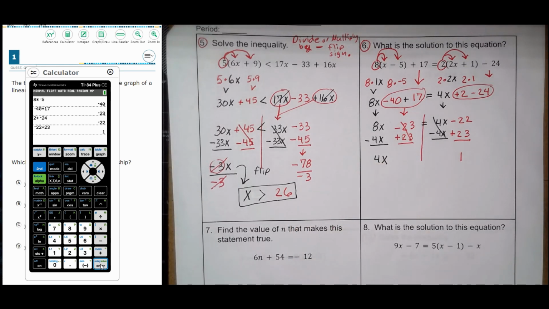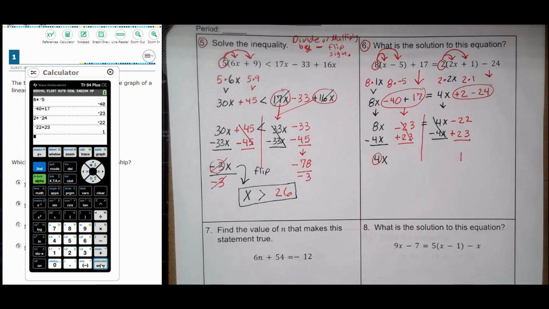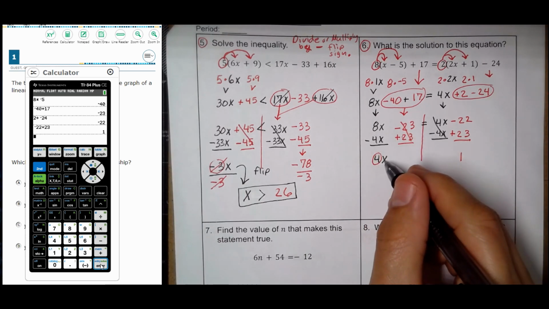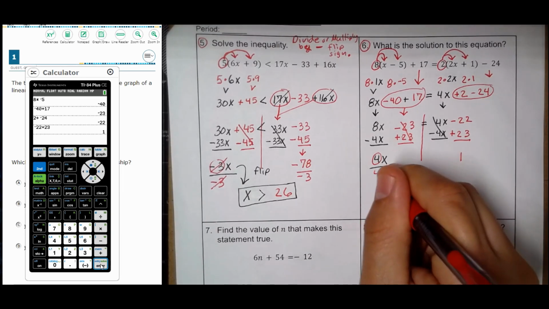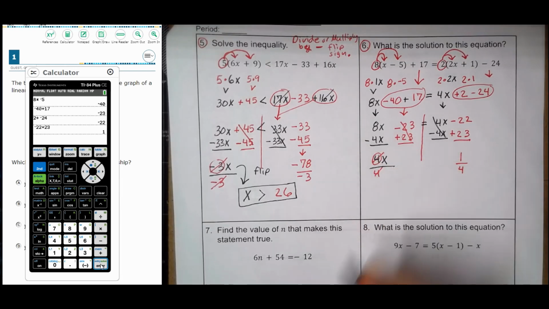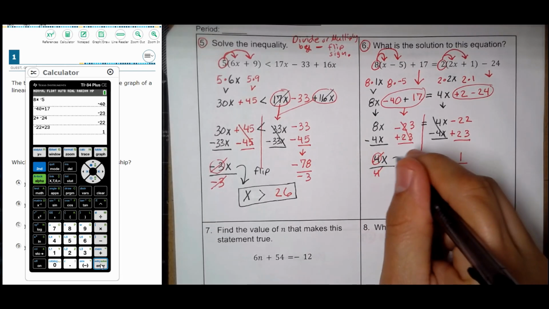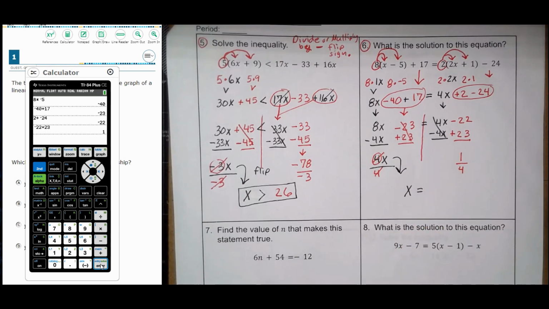We can't have that, so I need to go ahead and divide out this coefficient, right? Because that's the inverse operation of multiplying x by 4, so that I can get rid of it. So divide by 4, divide by 4, and I'm simply left with x is equal to 1 over 4.